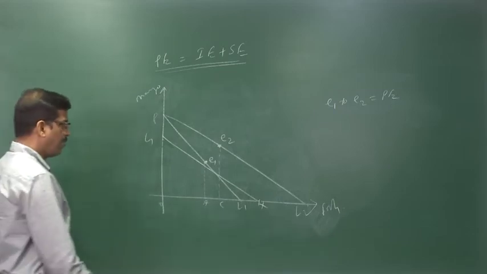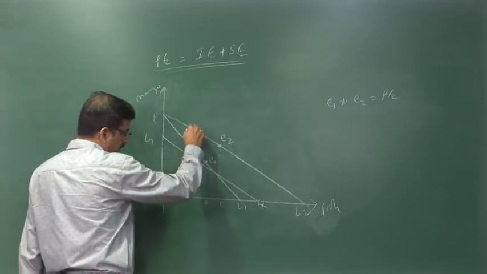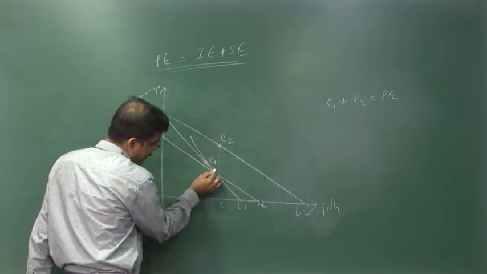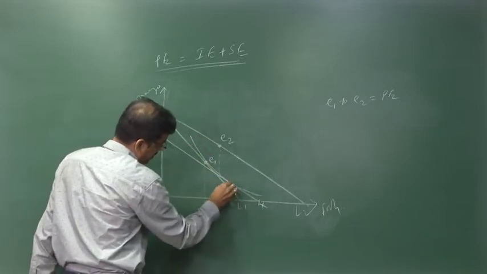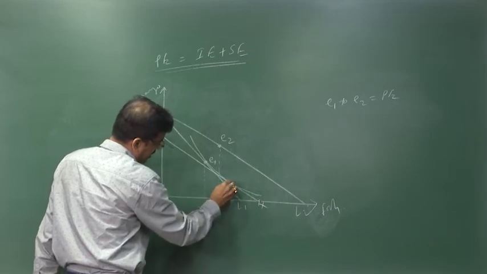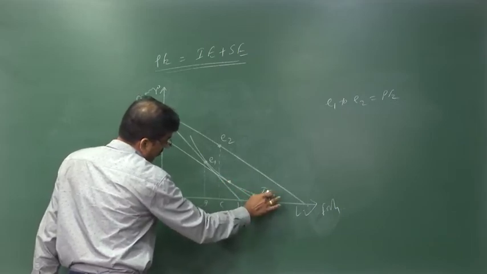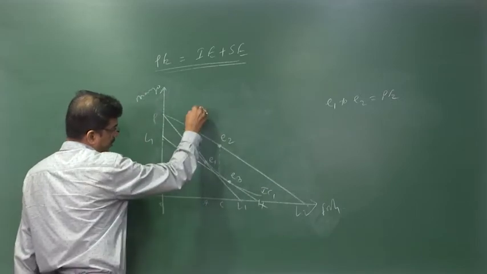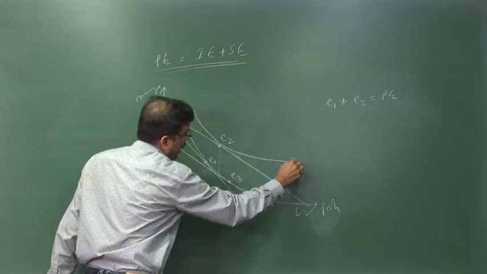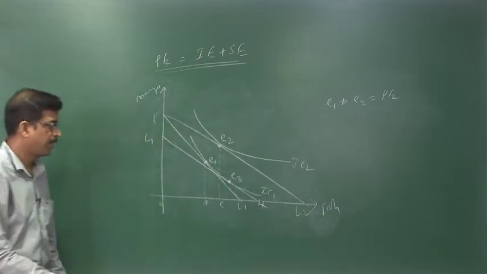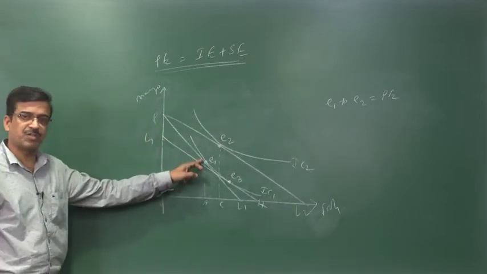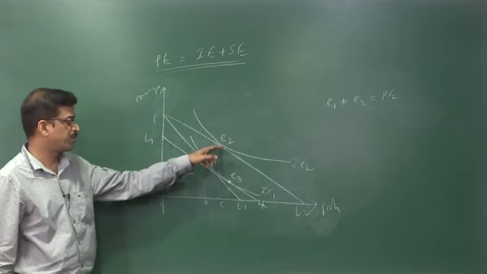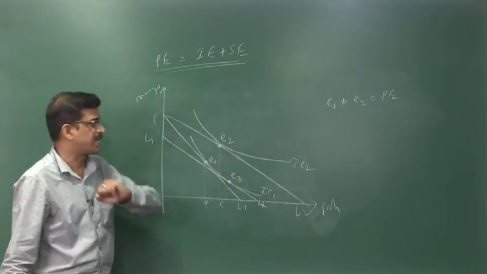Now, if you draw the indifference curve like this, here is the point of tangency, this is the point E3, this is the point E2. Initially the consumer is in equilibrium at the point E1, when the price falls he moves to the point E2, that is called the price effect.